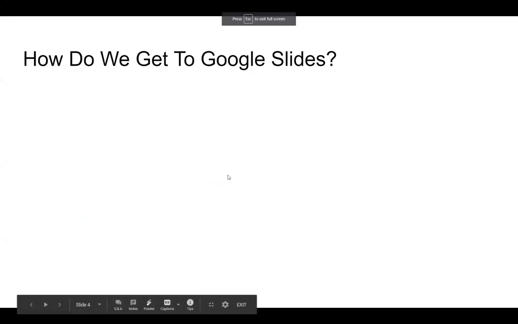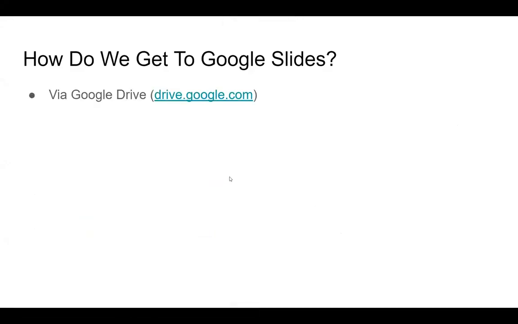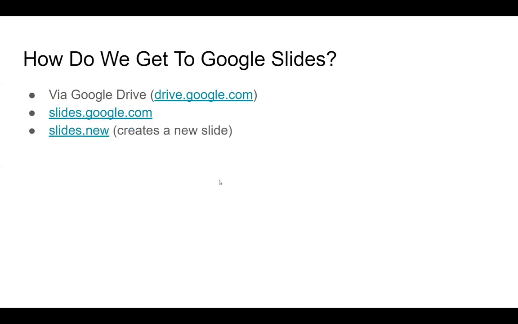So how do we get to Google Slides? Well, there's actually a number of ways. So the first way is via Google Drive. So if you just go to drive.google.com, or if you just search for Google Drive, it'll probably be the top link. Or you can go directly to slides.google.com. Or lastly, you can go to slides.new.